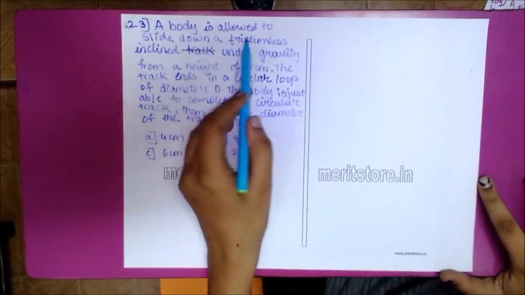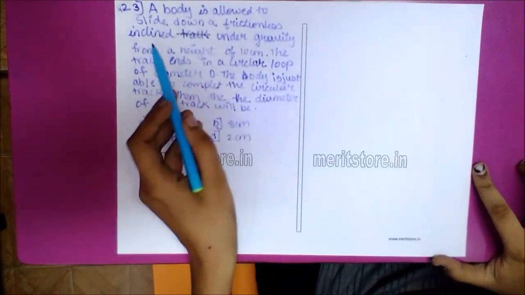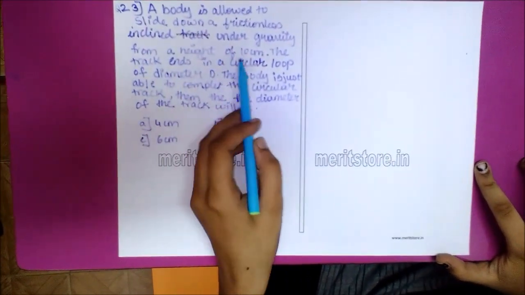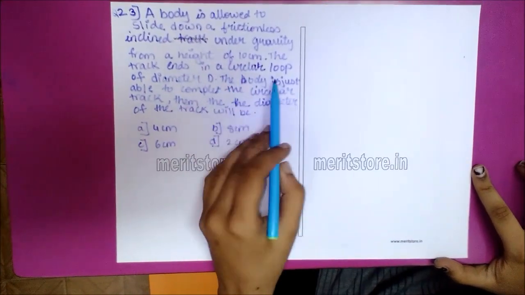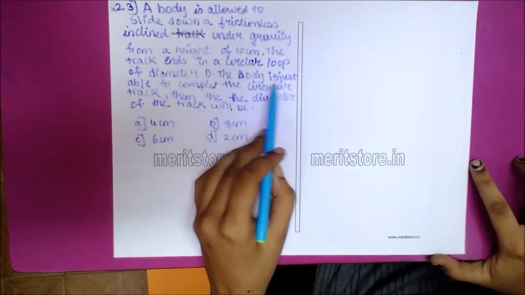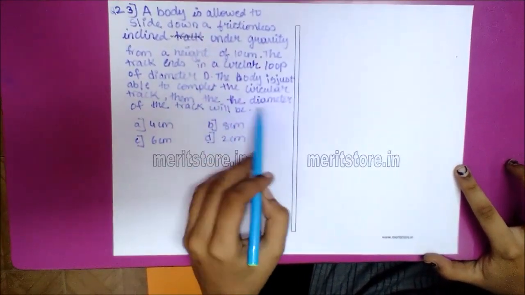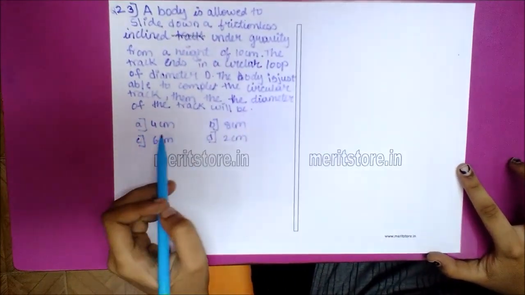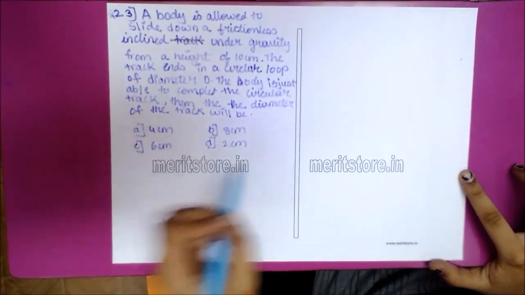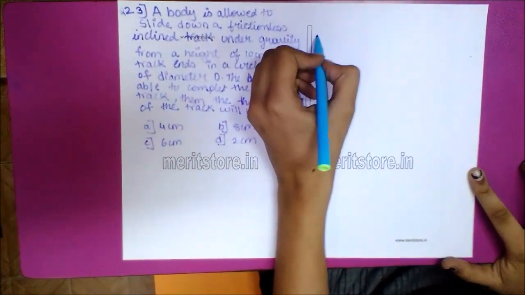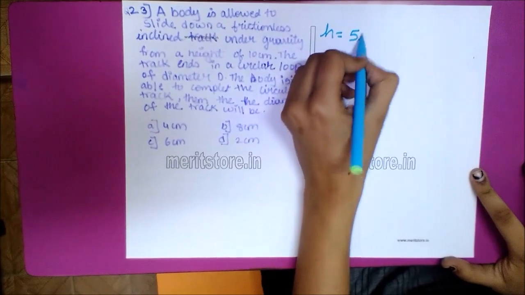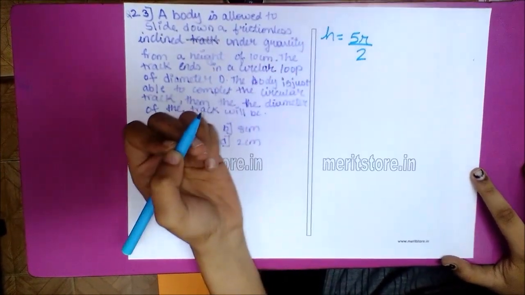Question 23. A body is allowed to slide down a frictionless incline under gravity from a height of 10 cm. The track ends in a circular loop of diameter d. The body is just able to complete the circular track. Then the diameter of the track will be A 4 cm, B 8 cm, C 6 cm, D 2 cm. So I have H equals 5R by 2. This is the formula.